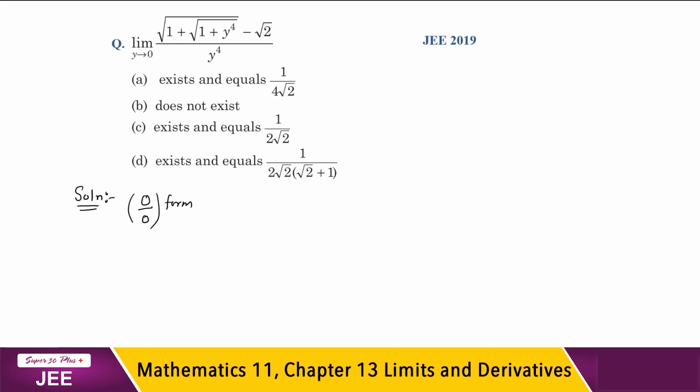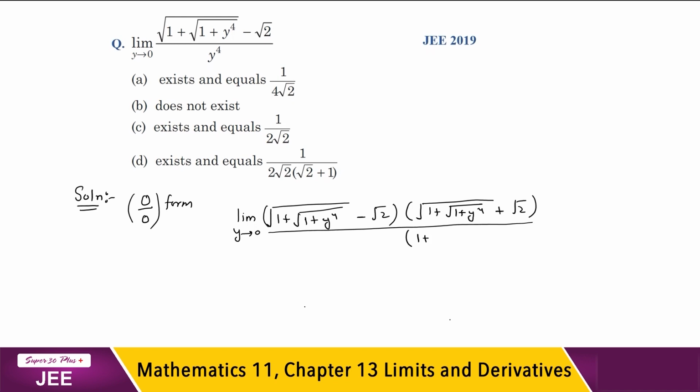So again, due to the presence of square root, we are going to use rationalization method. So we can write limit y approaches to 0, this term minus root 2, and now we are going to multiply and divide by this term.